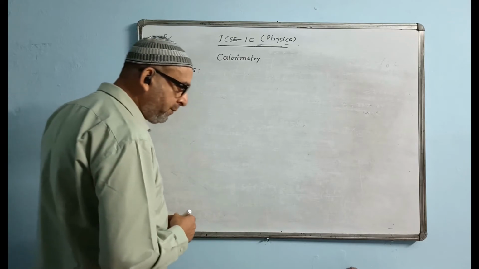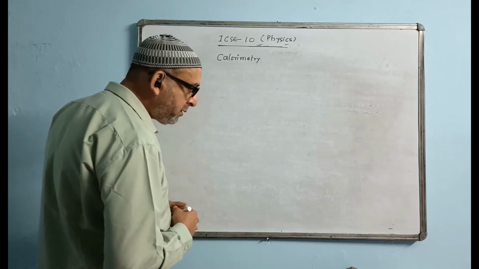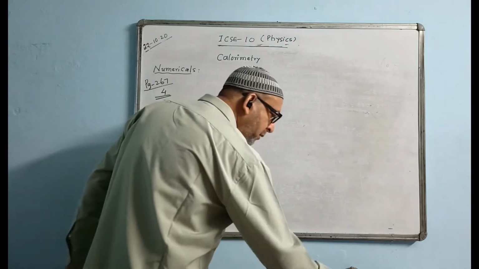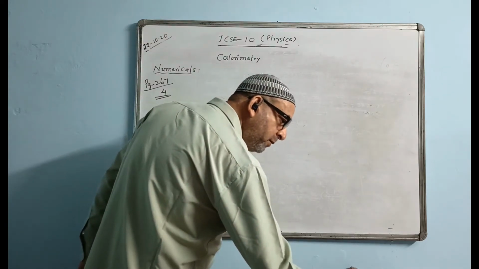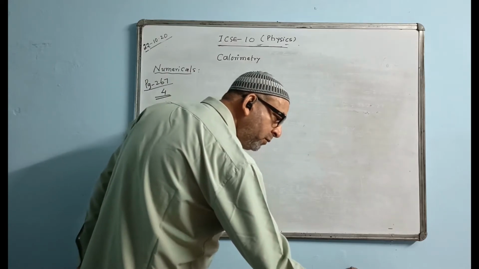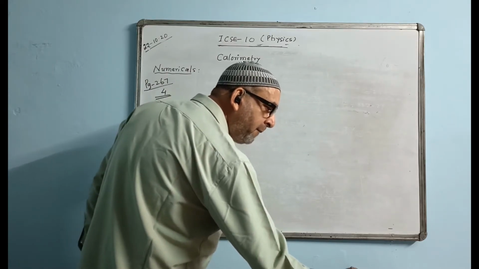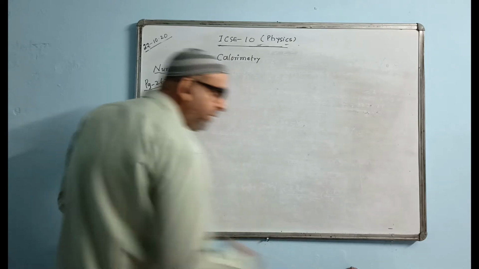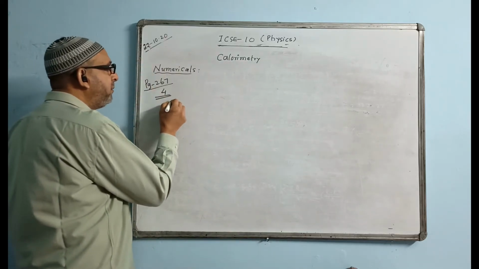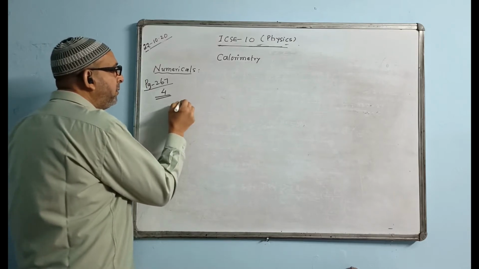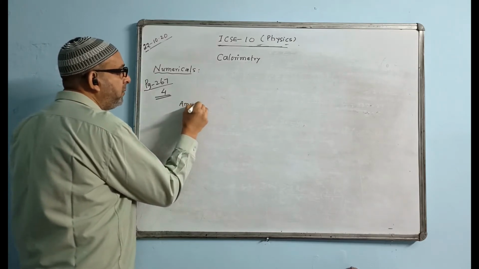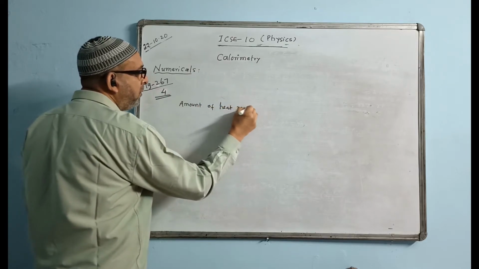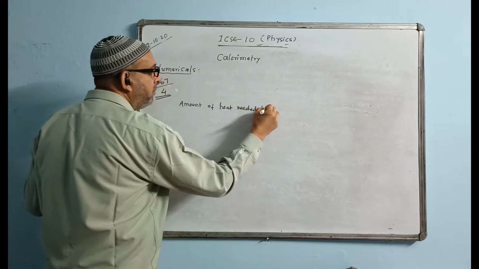Okay, these two things we have to do. Let us write down the information for the question, whatever thing has been given. We are giving some heat to raise the temperature of water by 10 Kelvin. How much heat is needed? So first part we are doing, amount of heat needed by water.